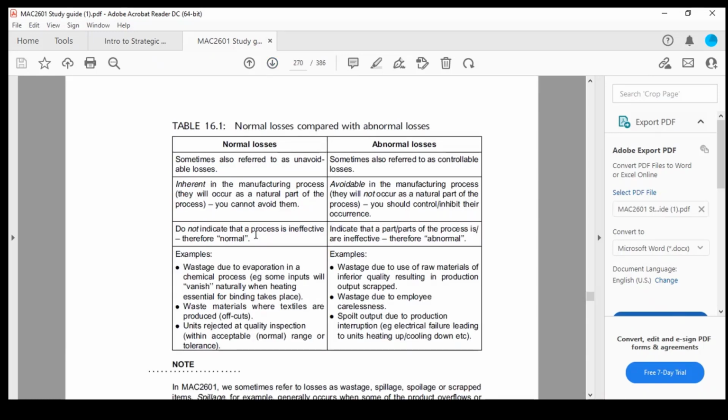So normal loss is something that is unavoidable, right? Loss is something that is inherent in the manufacturing process. It's a natural part of the process. You cannot avoid them. It does not indicate that the process that you have is ineffective. So it's normal. So I like the idea of when you are producing, it might be a liquid or oil where you are using chemicals.